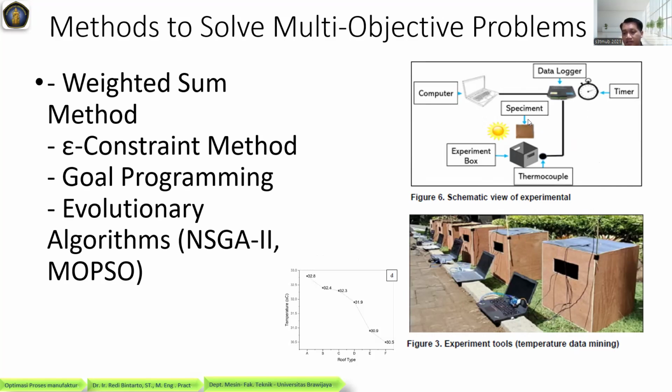And specimen, thermocouple, experiment box, and we add thermal imaging, solar power meter, environment meter, and others, because there is so much data we can collect. Why? Because we have a multi-objective problem here.